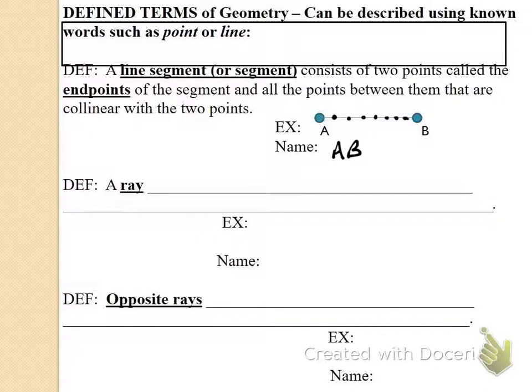But we can't just leave the AB sitting there because, again, we could be talking about line AB, and there is a line AB that exists right there on that segment. We just choose not to acknowledge the forever length.